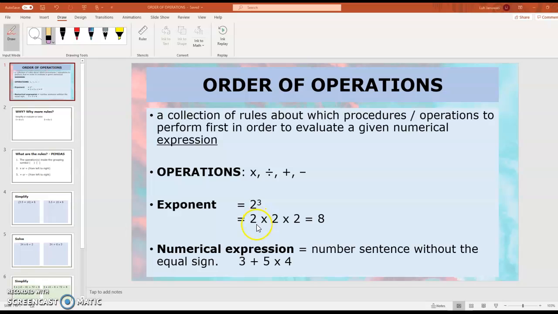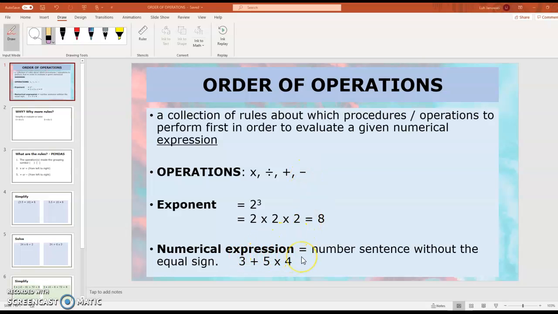That just means that 2 is multiplied 3 times, 2 times 2 times 2, which is 8. It doesn't mean 2 times 3. I wouldn't worry about it this year because you'll have next year to learn all about exponent. This year we're going to learn multiplication, division, addition, and subtraction.